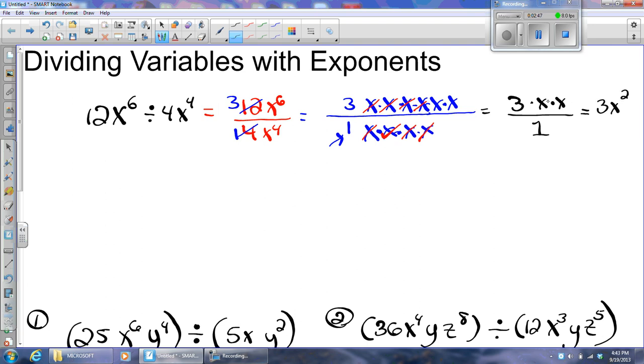If you're wondering why x times x is x squared, well, remember, there's 1's here for exponents. Or you could ask yourself, is 5 times 5, does that equal 5? No, of course not. It could equal 5 squared, but not 5. All right, so my answer for this one, oops, my eraser is not working. The button must be broke. Do it that way. And so my answer for this one is 3x squared.